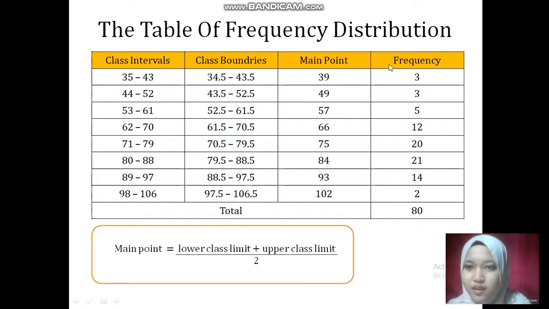Then next is the column of frequency. This frequency means that right here there are 3 data values that land between the first interval, I mean, between 35 to 43. All right.